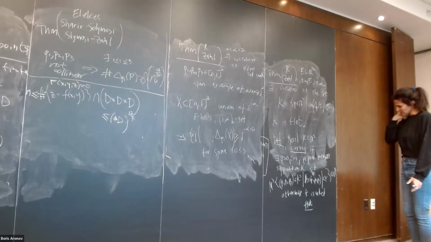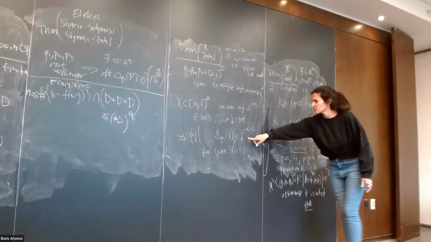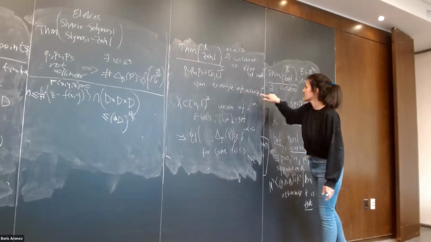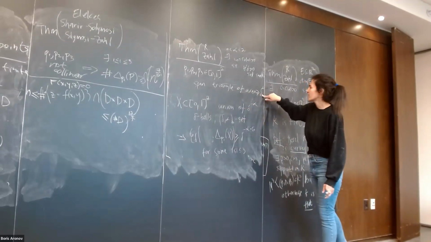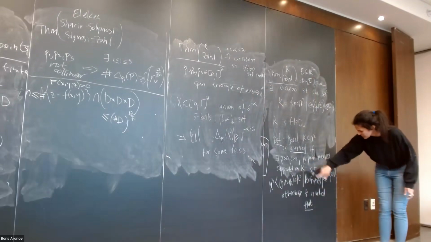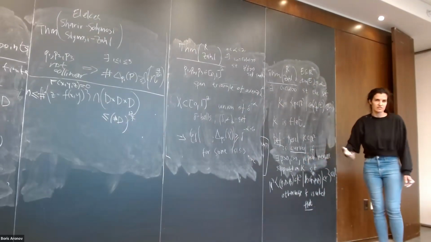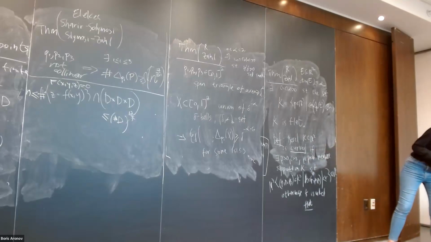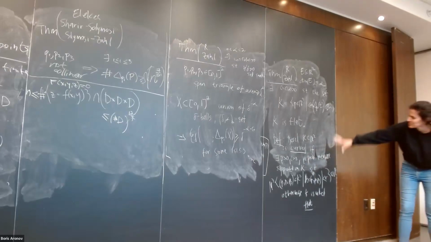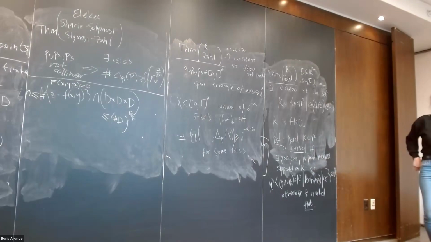But then by this theorem, they will have to span a triangle of very small area, and this will contradict the definition of a curved set. Okay, I'll stop here. I hope to give more details about this. Okay, thanks for listening.